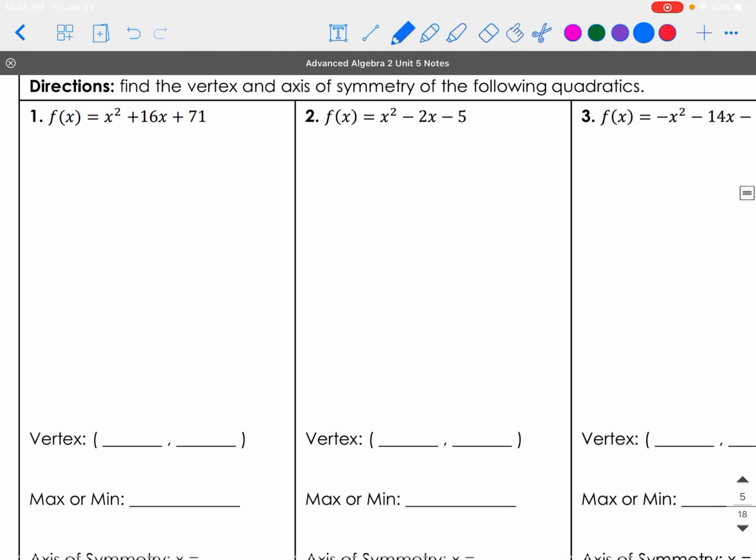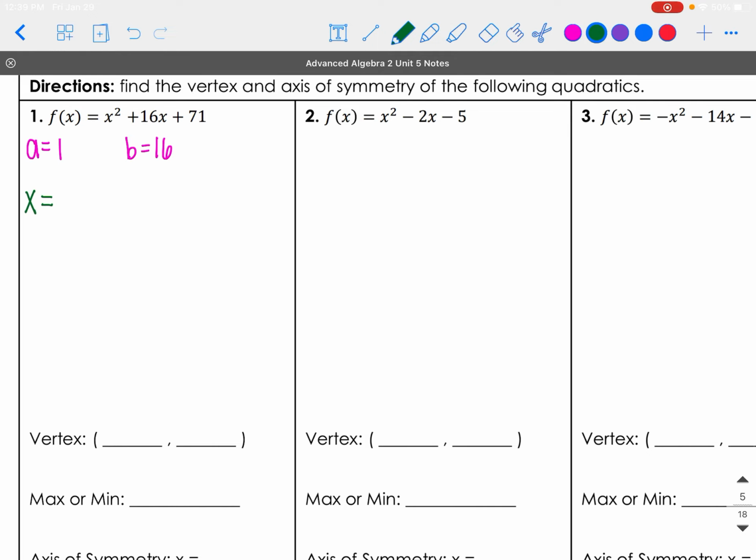All right, so number 1. Let's start out by listing out my a and b. My a is 1, b is 16. Remember that a is what's in front of the x squared. If there's nothing, we assume it's 1. B is the number in front of the x.